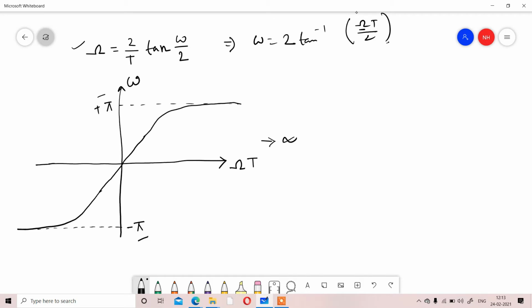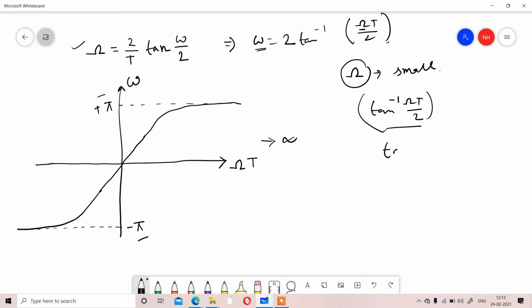Meaning what? For a small range of that omega, when omega is small, tan inverse of omega T by 2 will be linear. Or simply, whenever that omega is small, this omega will also be small.